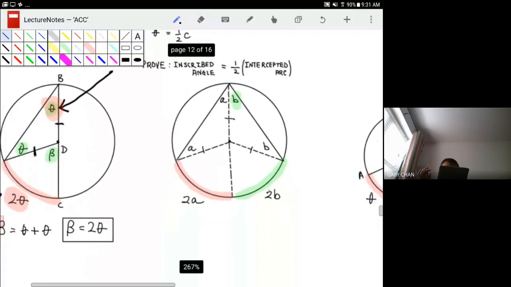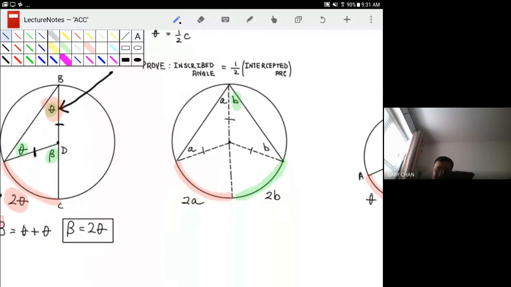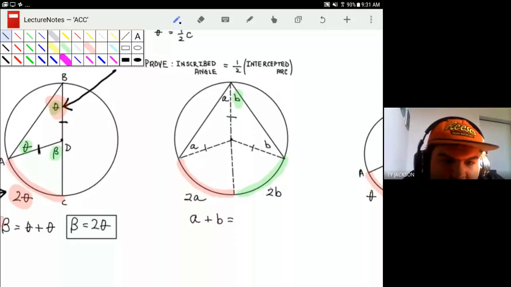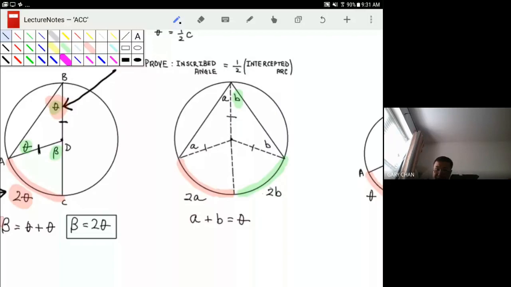Wait a minute, I have something here now, right? Check this out. What is A plus B equal to originally? Theta. Ty, you're absolutely right. Did everyone catch that? A plus B is equal to theta?